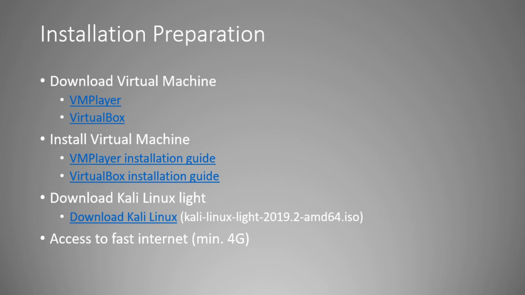Then the installation preparation. Here I will provide you the links to download the virtual machines, the installation guides for the virtual machines, and a link to the Kali Linux Lite version that I use within this course. What you require is access to fast internet.